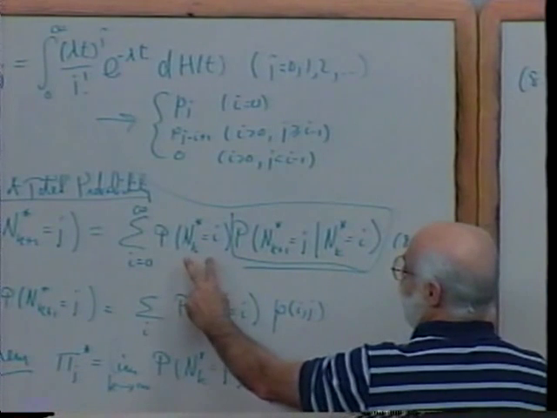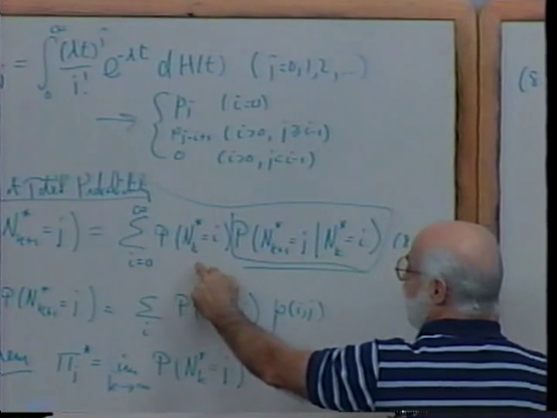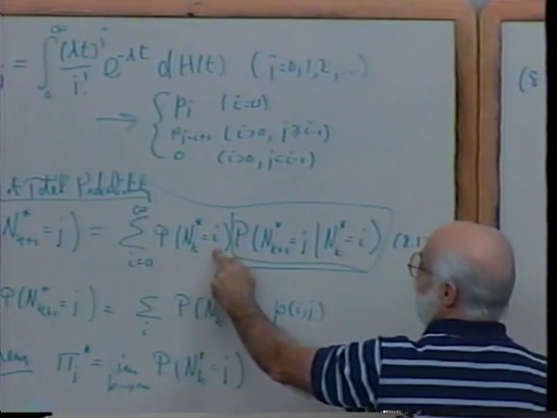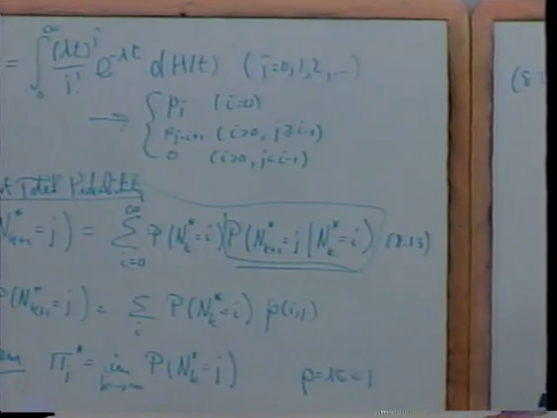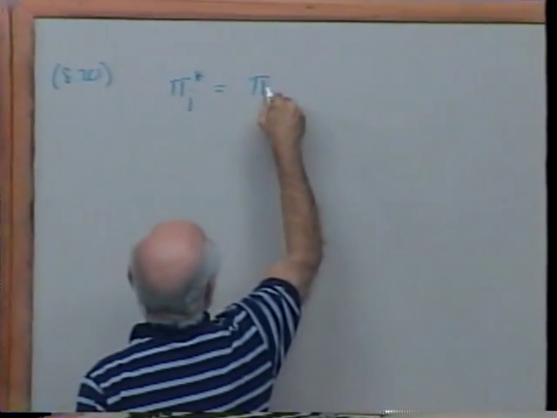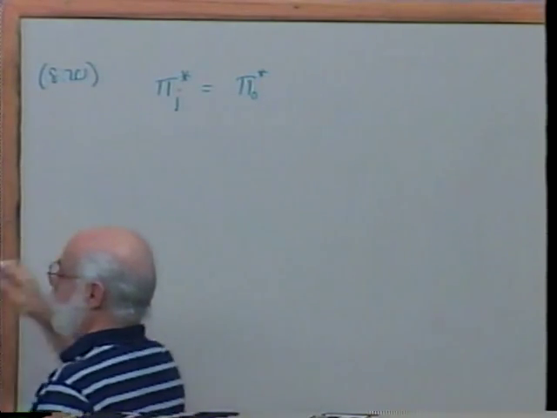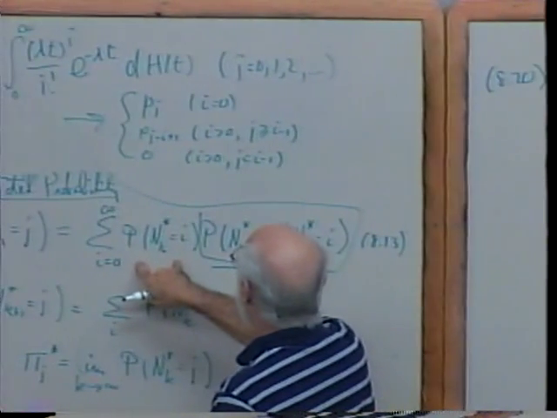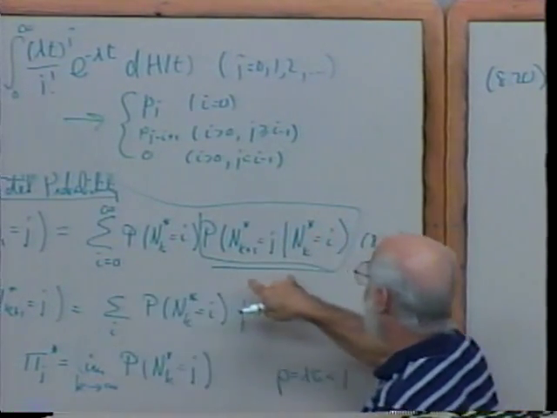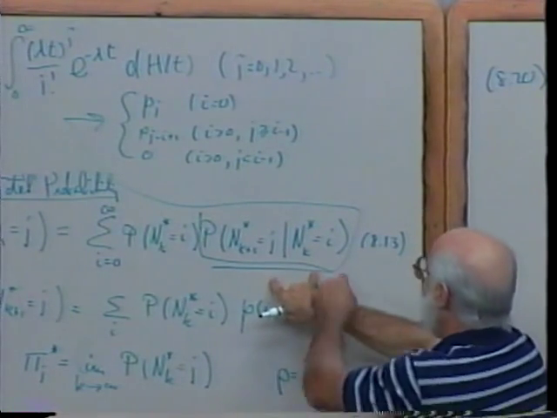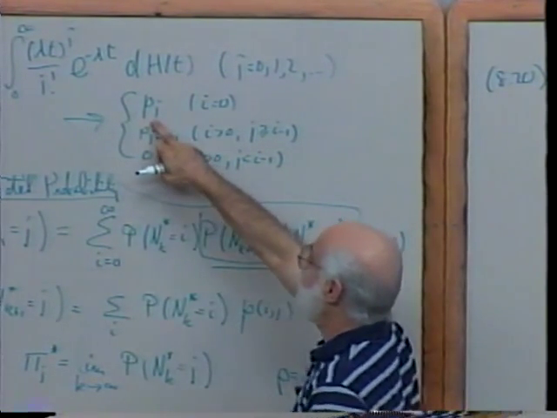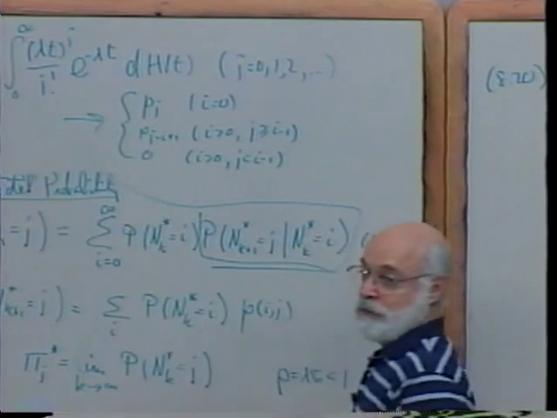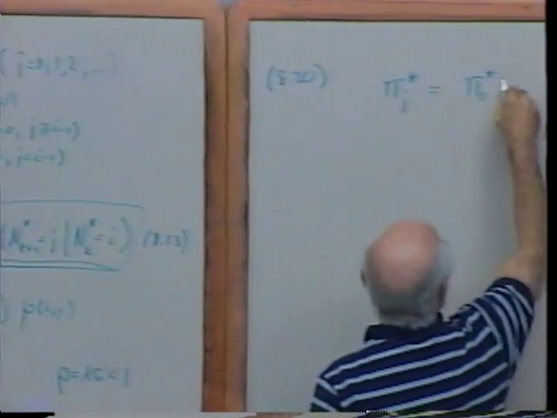That term, of course, is the probability that the previous customer left behind 0. That's pi 0 star, multiplied by the transition probability, which when i is equal to 0 is pj, given by this. So that's pj.